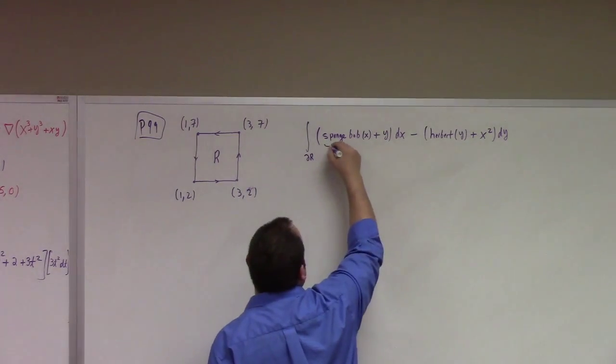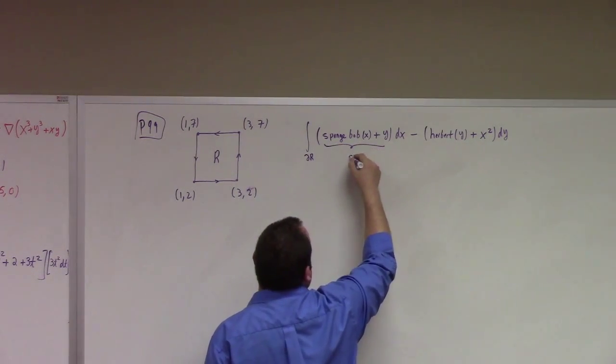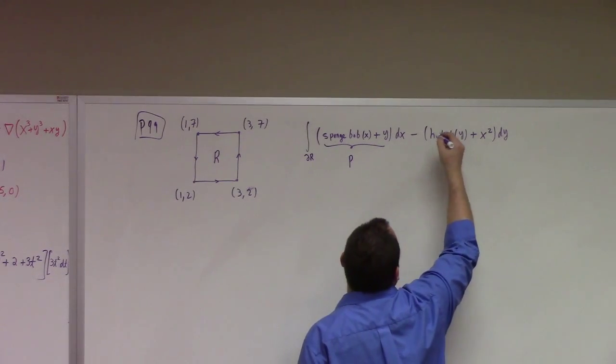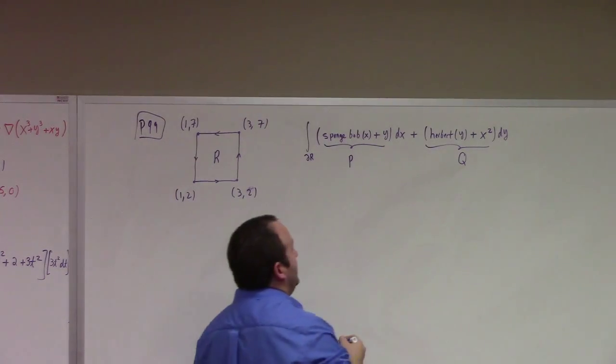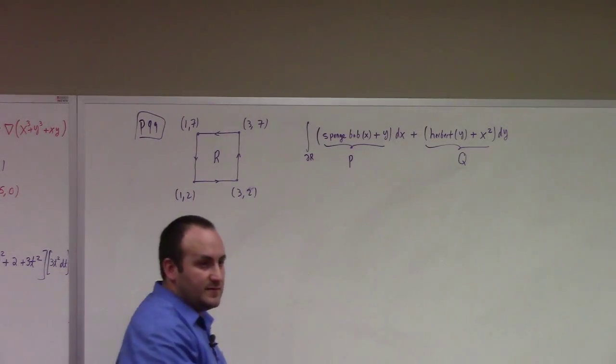The point is, this is P, and let me put a plus here. This is Q. So if I apply Green's theorem, what's Green's theorem say?